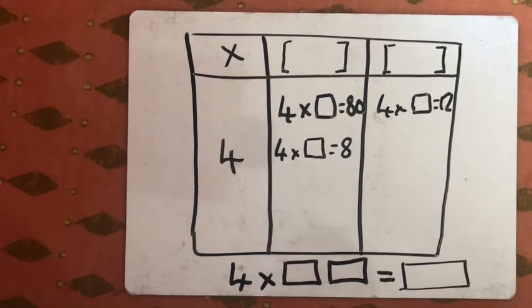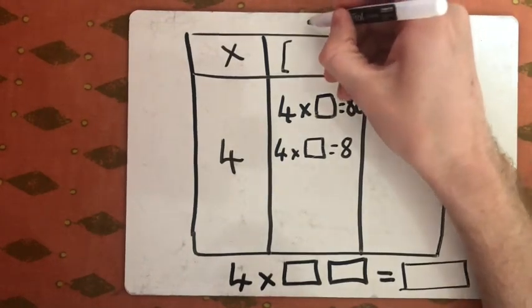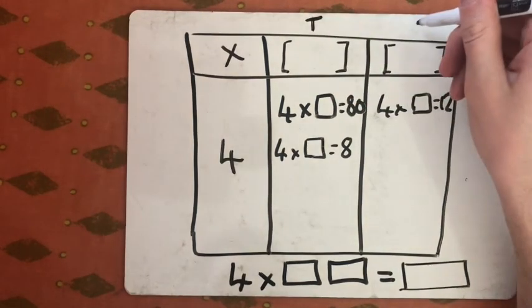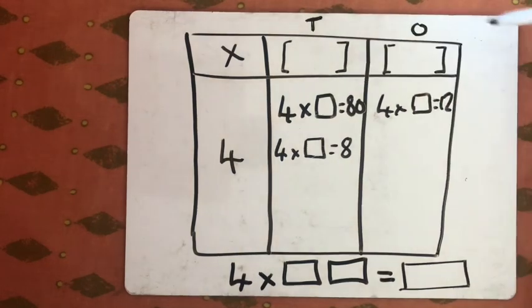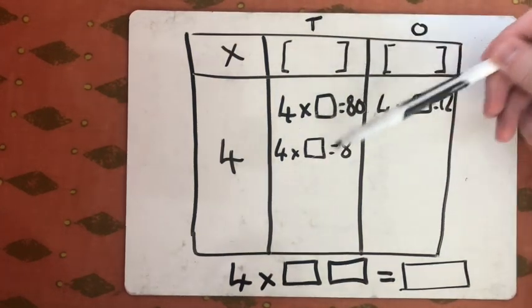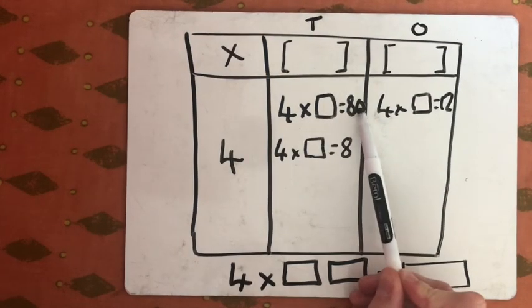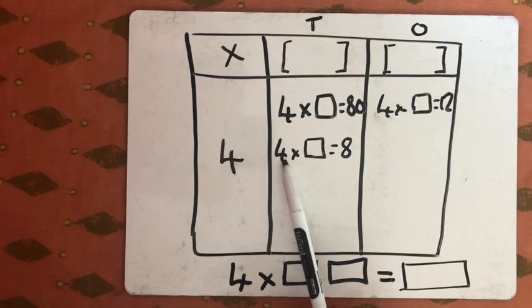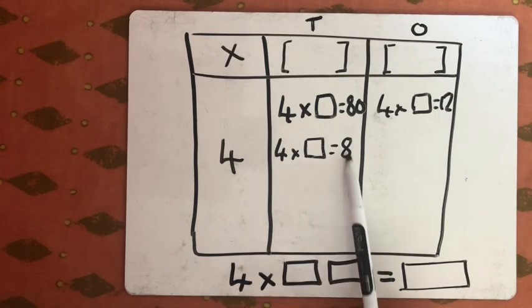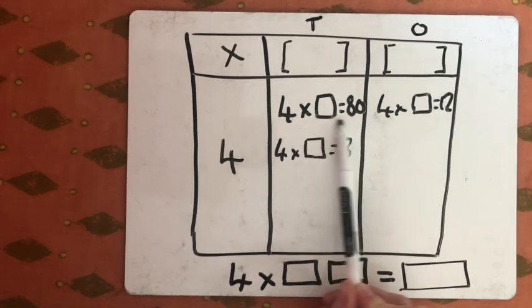So we're trying to work it backwards, our grid method here, to try and find out what we've got. We know that's going to be something to do with our tens. We know that's going to be our ones, because we've done that previously, and that's how our grid method works. So it's just about thinking, 4 multiplied by something gives me 80. Can I use 4 multiplied by something gives me 8? If I know that, do I know that?